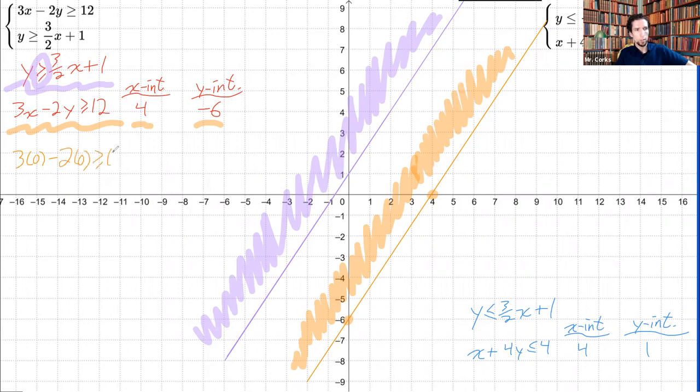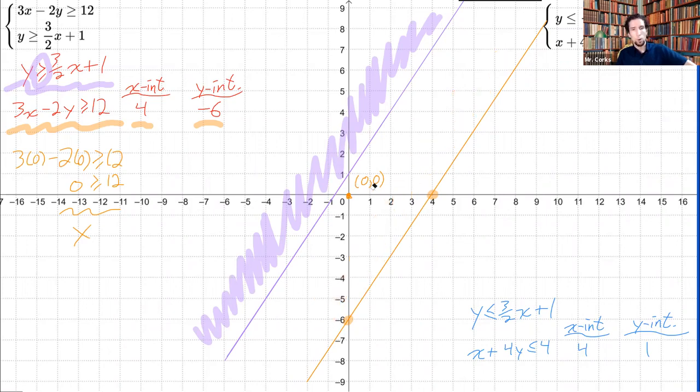Into the inequality, 0 minus 0, so 0 greater than or equal to 12. Okay, and what do we see when we do this? It's a false statement. So what does that mean about our origin here? We should shade below. Okay, so we shaded on the wrong side. We should be shading below this because our origin (0, 0) is not included.